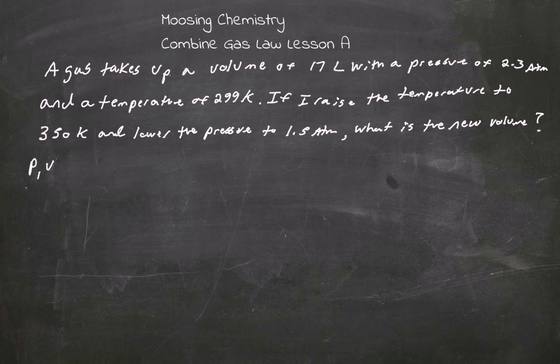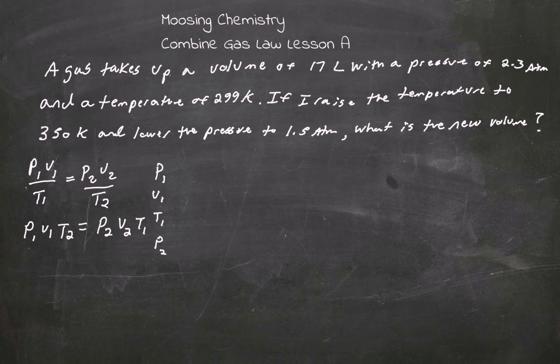Okay, very carefully again. Remember, P1 V1 over T1 equals P2 V2 over T2. Therefore, P1 V1 T2 equals P2 V2 T1. So let's figure out what our players are. I call them the players. So we've got P1 V1 T1, P2 V2 T2.